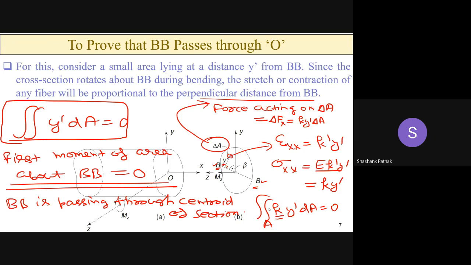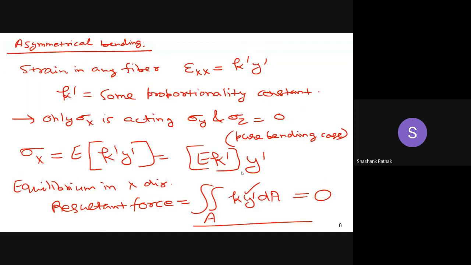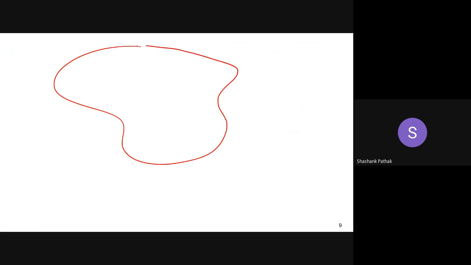So first thing we have proved that it is passing through this point, the centroid. What is the second important thing if you want to determine BB? Anyone? What should be the second thing? So if there is a cross section, let's say this is some random cross section. This is the centroid of that cross section.